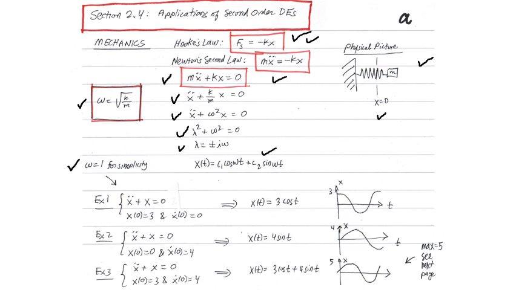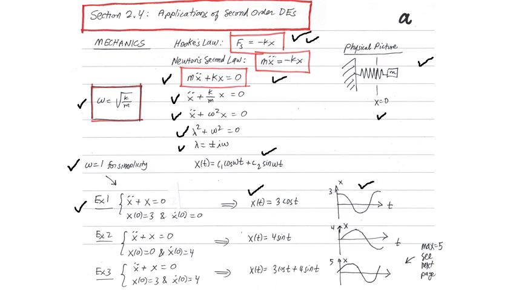So in example 1, we have an angular frequency of 1 and 2 given initial conditions, and it's fairly easy to see in that situation that that would be your solution to that initial value problem, and the graph of that looks something like this.